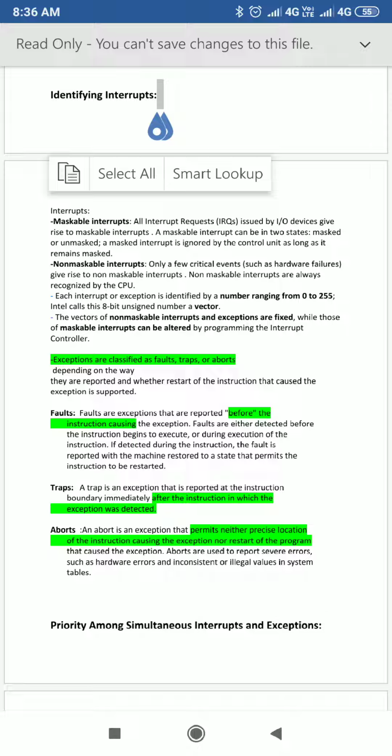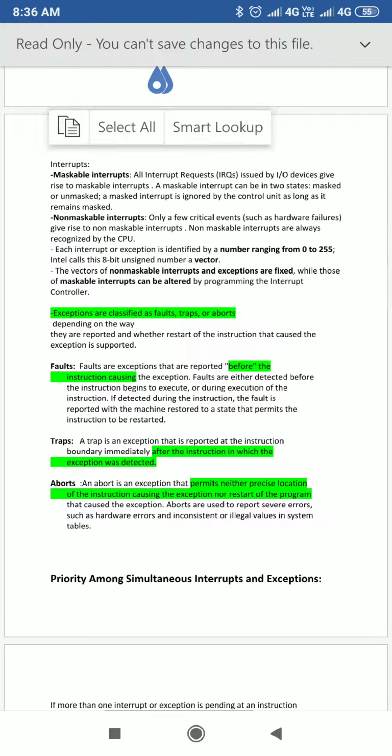Now, very first, the fault. What is a fault? These are exceptions that are detected and serviced before the execution of the faulting instruction. Remember this. A fault would occur in a virtual memory system.